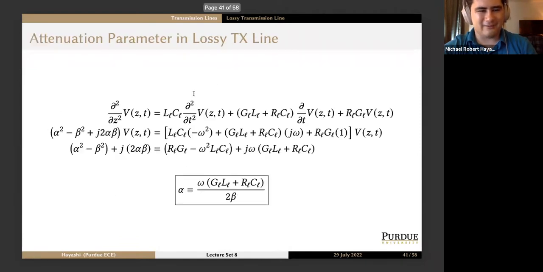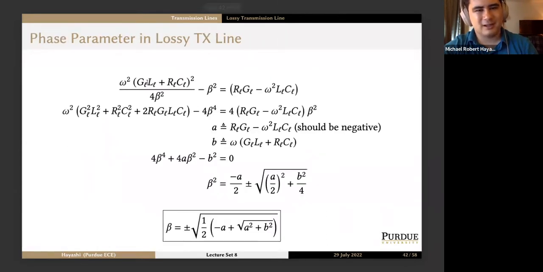Now that we have what alpha is, we plug it into the real part expression. So omega squared times the time constant sum squared over 4 beta squared minus beta squared equals the real part. And then expand, multiply through by 4 beta squared. We'll get something that looks like this.